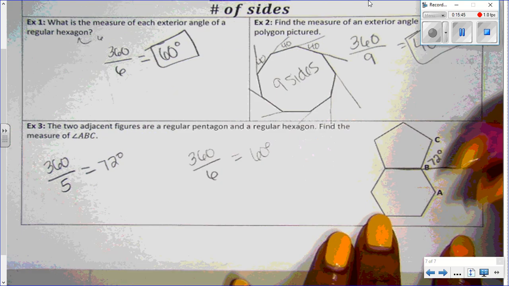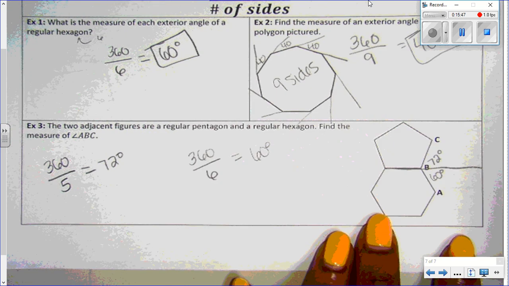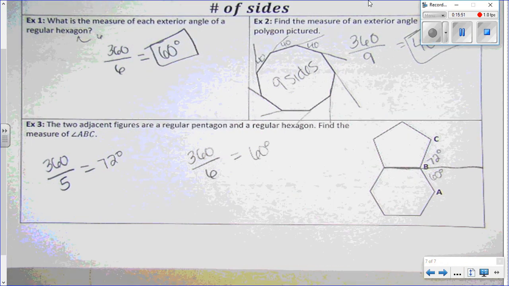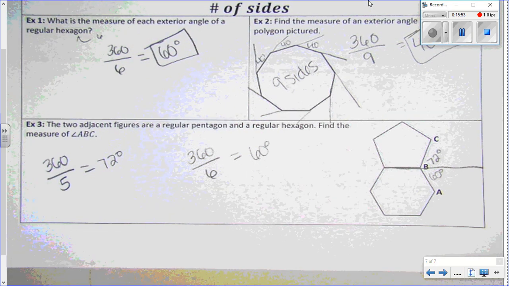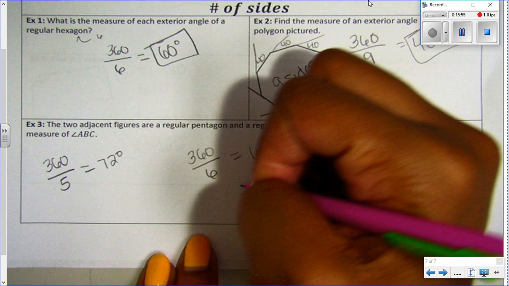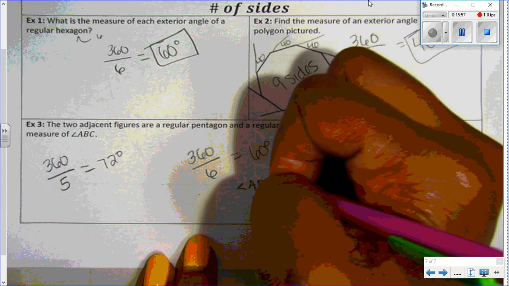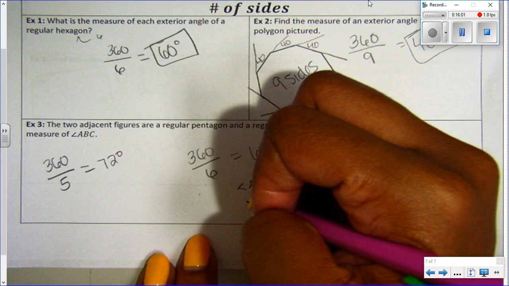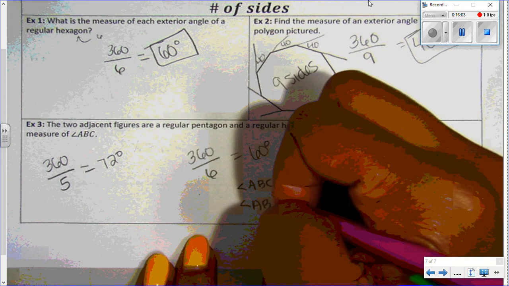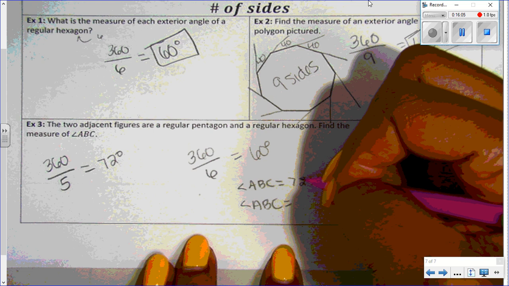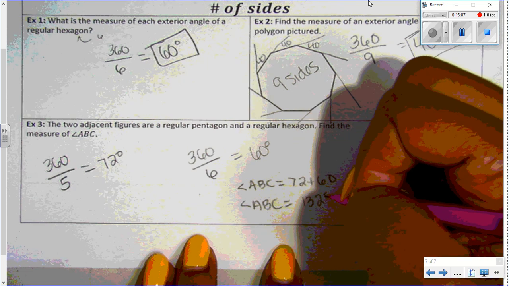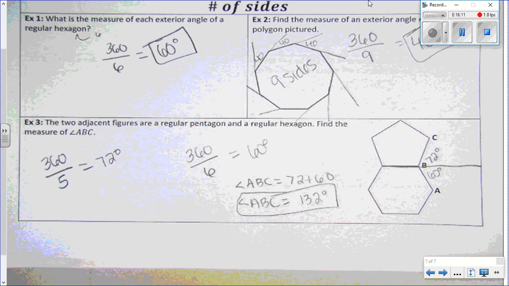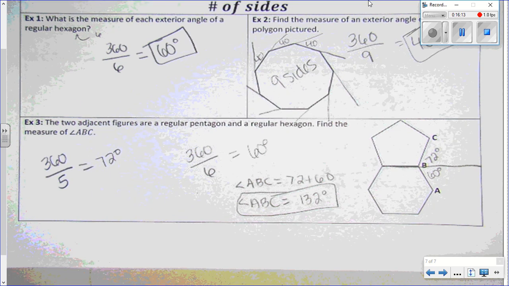So this exterior part is 60 degrees. So now how are we going to get the whole angle ABC? Add them together. So angle ABC is equal to 72 plus 60, which is what? It's 132 degrees. Okay? And that's it for today.